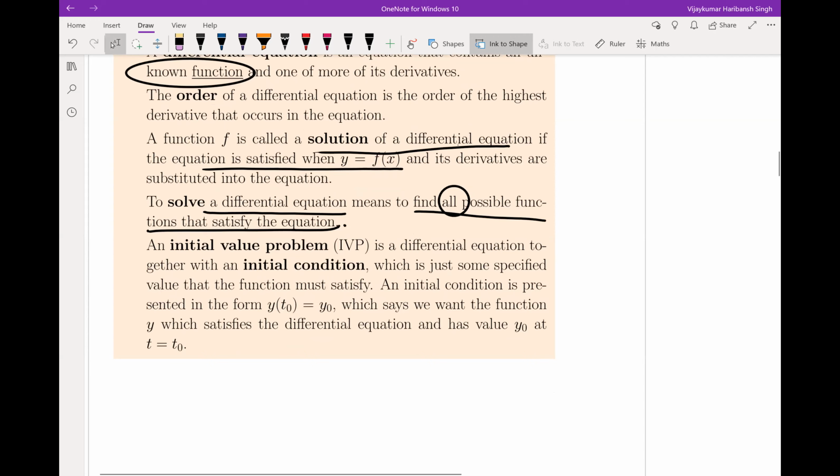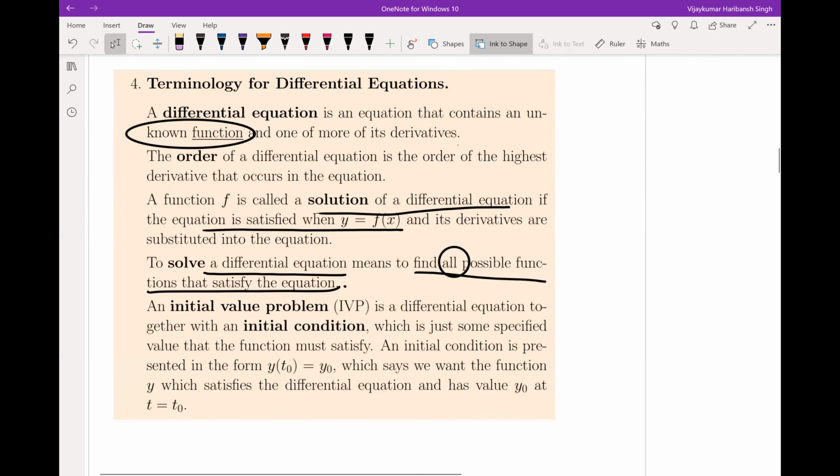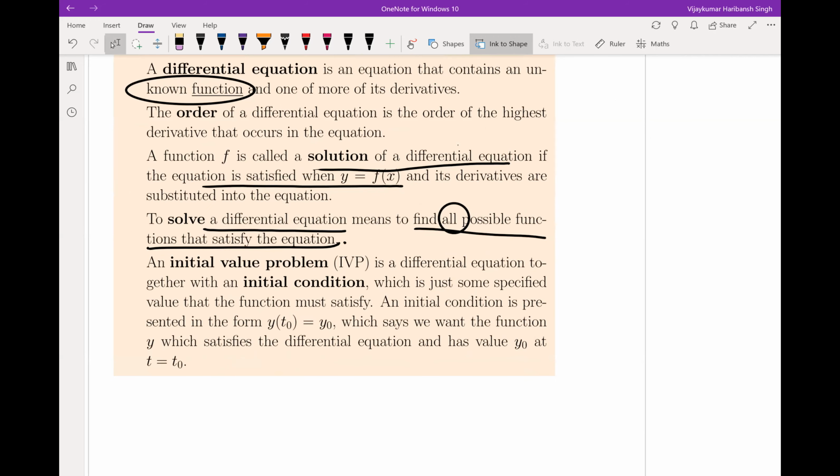So let's see a few examples from the past. So here, x double prime equals minus k by m x. So here the unknown function is what? x of t is an unknown function.